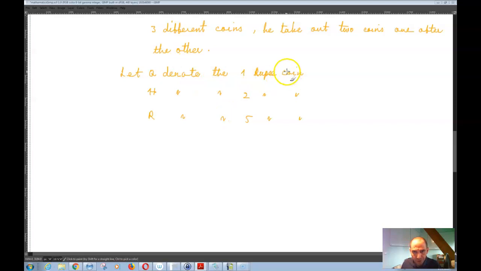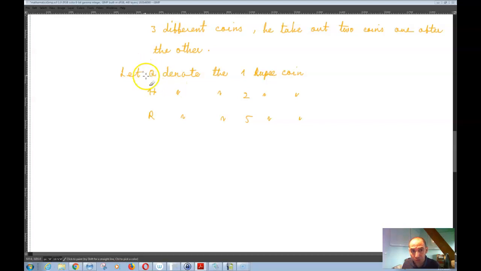Okay, so basically, if you take the 1 rupee coin out first, the outcomes might be as follows.